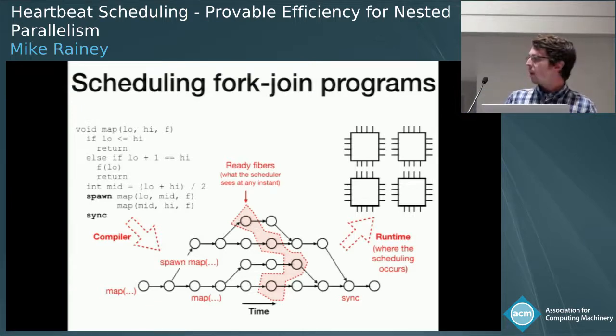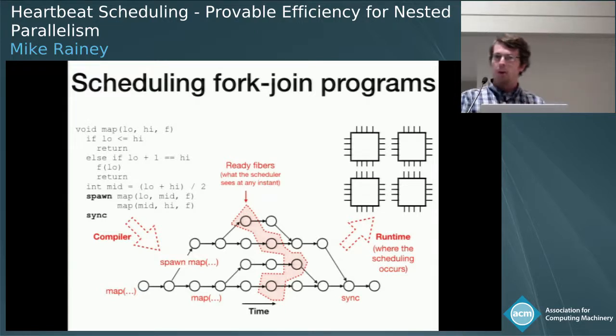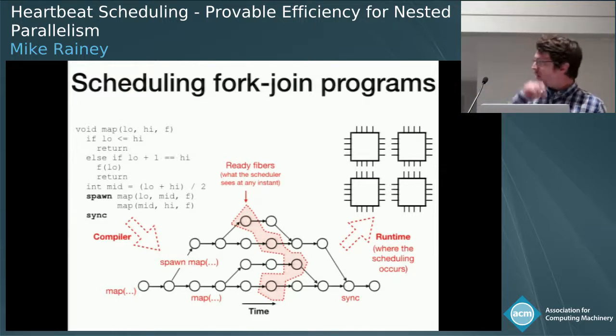Fork-join is a concept that dates back to the 60s, but a lot of the work on language support dates back to Halstead's multi-Lisp system in the 80s, and then continuing up to now. So the big picture is you have programs like this map program here that compile down to some parallel binary, where you have computation graphs that express the available parallelism in some way.